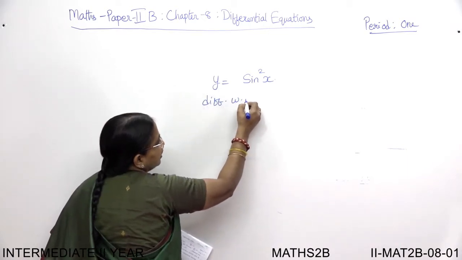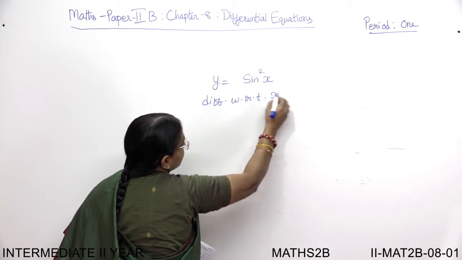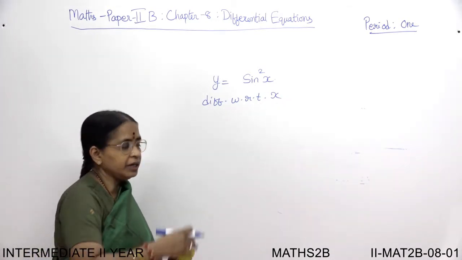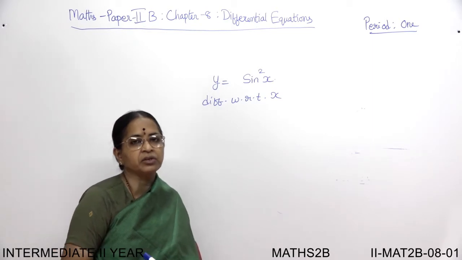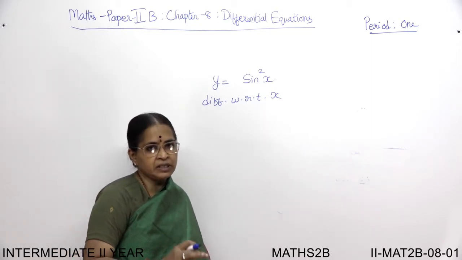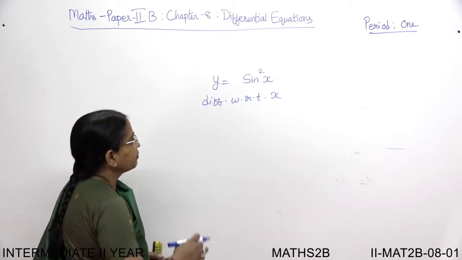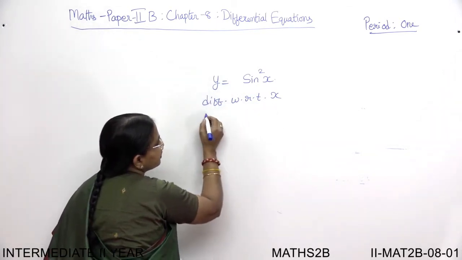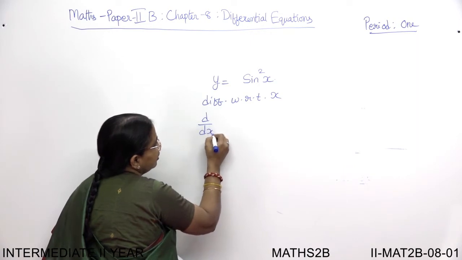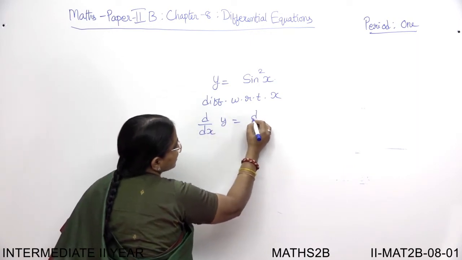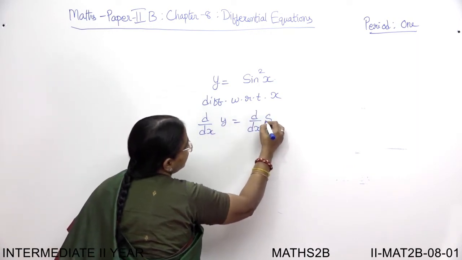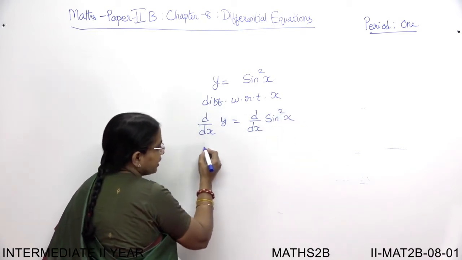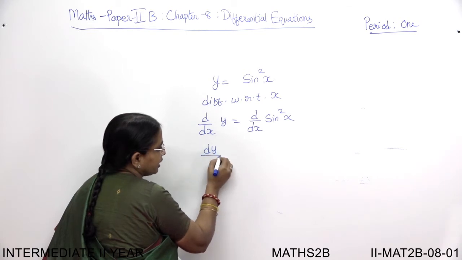Understand this successive differentiation, because we need it only in the first exercise part of this chapter. So differentiating with respect to x means d by dx. So d by dx of y is equal to d by dx of sine square x. So this is dy by dx.